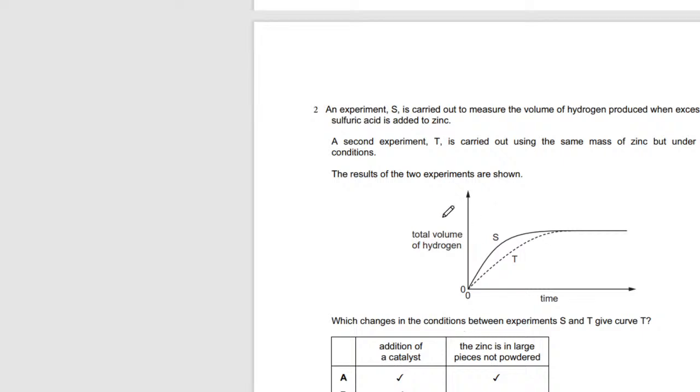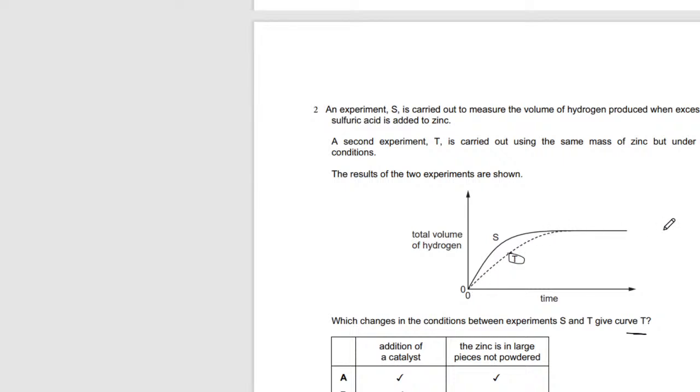Now I'll just do a few questions because it's a very long question, but you need to just get the idea of such types of questions. First of all, it's saying that it is carried out using the same mass of zinc, but in different conditions, which will give curve T. Curve T, remember we decided this has a lower gradient.